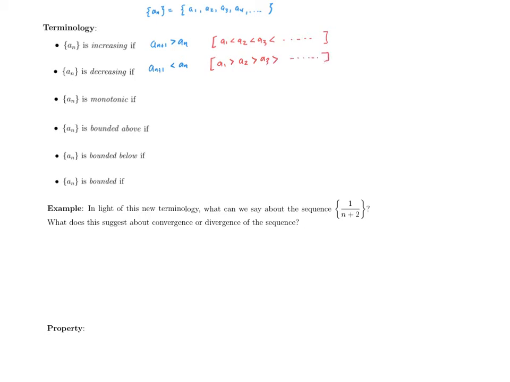So as you go along the list, each and every number is smaller than the number that precedes it. And a bit of unifying language here is we say a sequence is monotonic, or we might say monotone, if a sub n is either increasing or decreasing.